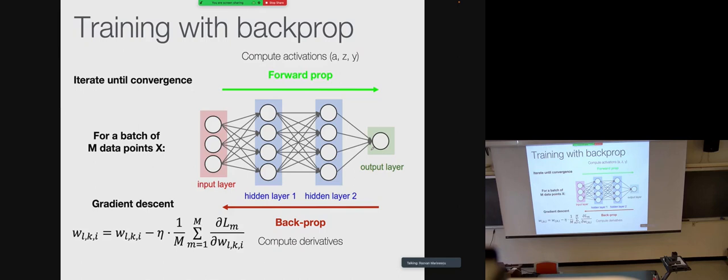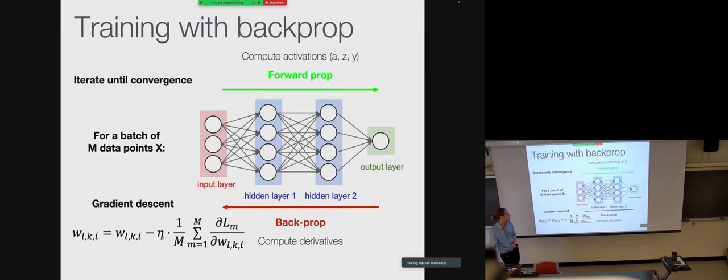And we do gradient descent. So again, we have our current estimates of the weights. A particular weight will be the previous estimate of the weight that we update with this update step, and this would be the gradient of the loss for data point m, for image m, for example, with respect to this particular weight.